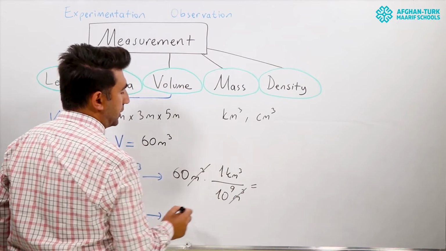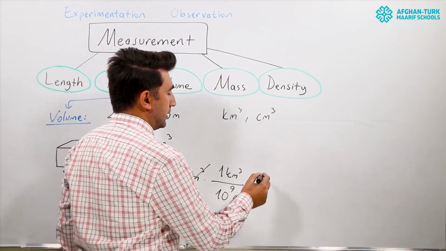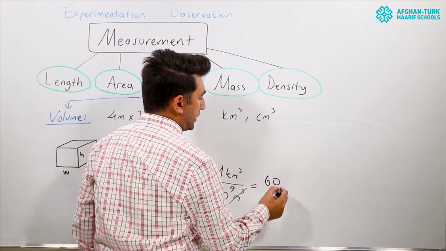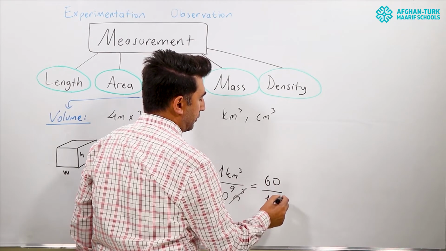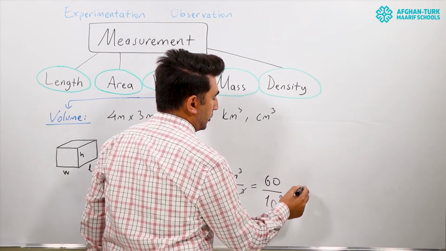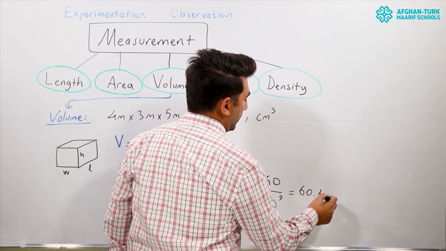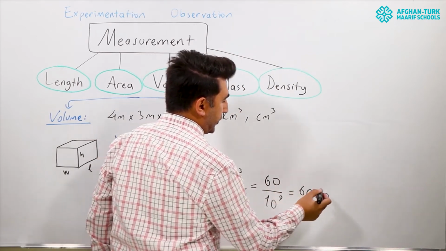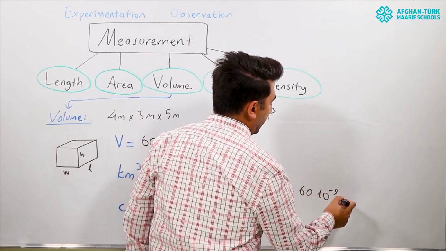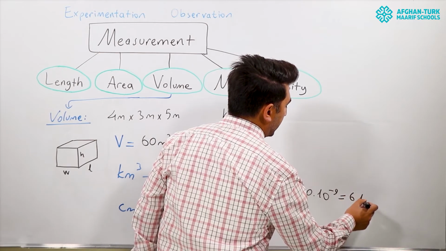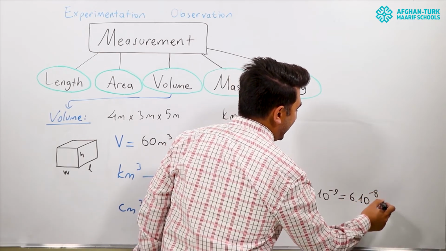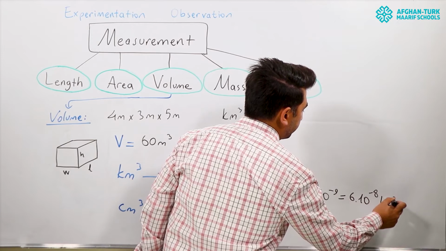If I cancel out meter cube, I will have 60 divided by 10 to the power of 9, which is also equal to 60 times 10 to the power of minus 9, and that's equal to 6 times 10 to the power of minus 8 kilometer cube.